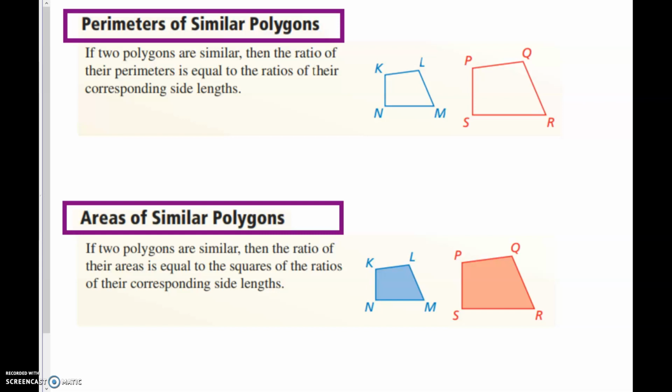All right, so the perimeters is equal to the ratios of their side, okay? Perimeters are equal. When you're talking about area, it is equal to the square of the ratio. So perimeters are 1 to 1. Areas are 1 to the ratio squared.